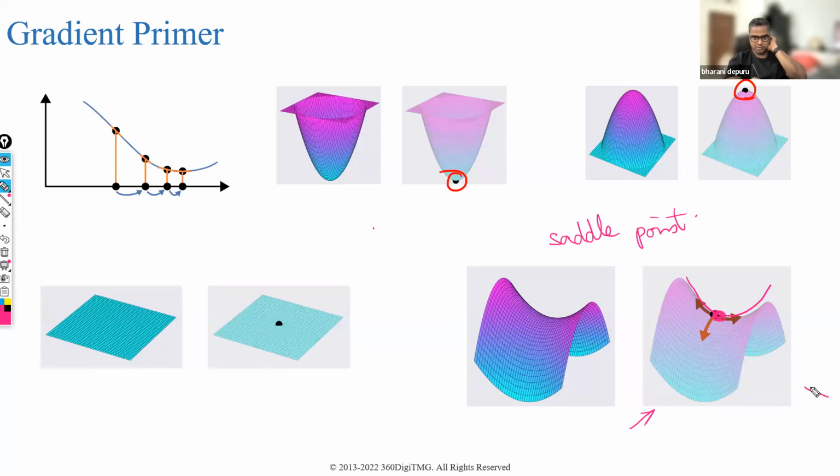If you look at it from this side, it appears as if it is a maxima. You don't want to be stuck in a saddle point, because then you really don't know whether that point is a minima or a maxima.